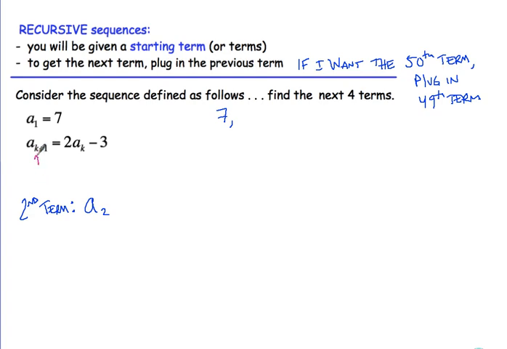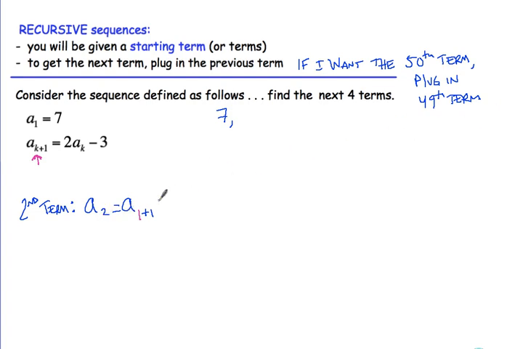So I would have to plug in a 1 for k. Sorry, I'm just going to try to color code this as best as I can, which I know is a little tedious, but I think it might help. Okay, so that value of k has to be a 1. So that 1 plus 1 makes 2 for my second term.